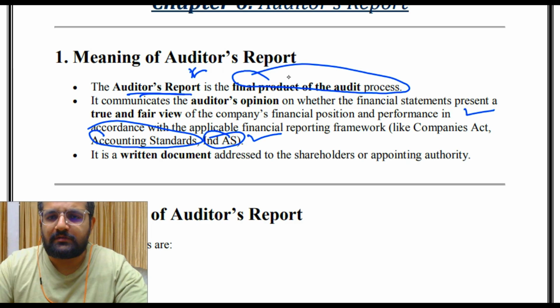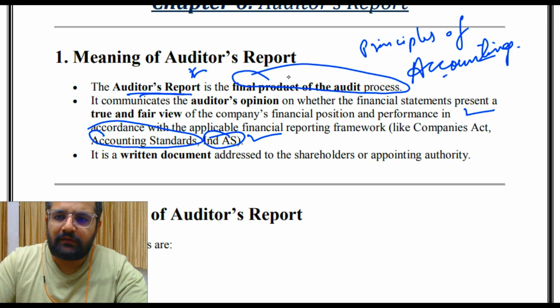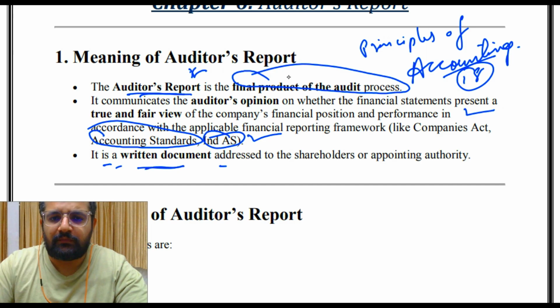If you haven't watched it, then go and have a look at the videos of principles of accounting. We have done 18 chapters already, as well as 200 MCQs. Very important topic. Then it is a written document addressed to the shareholders or appointing authority.